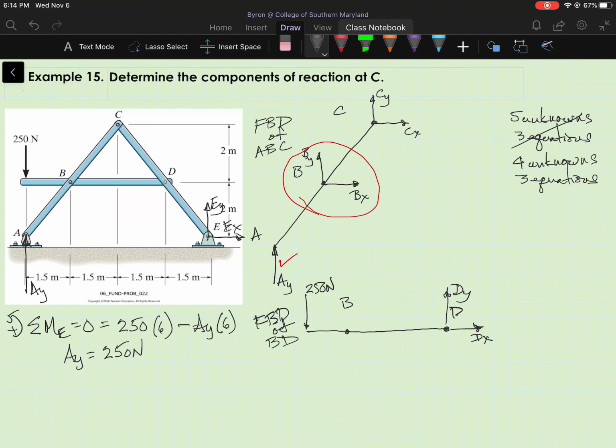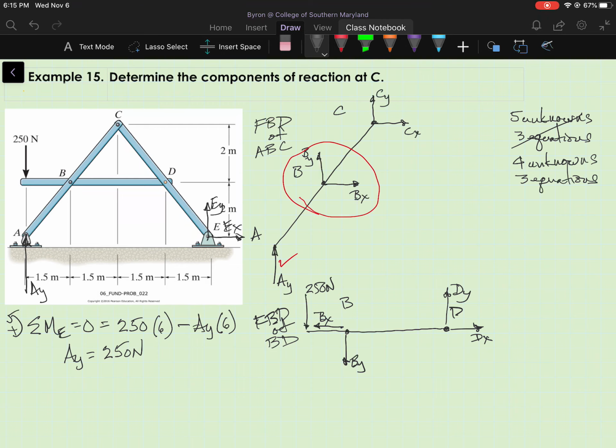So I need to show B sub y acting in this direction and B sub x acting in this direction. This is just Newton's third law, and this is how you work these frame and machine problems. But if you don't draw those in the opposite direction from what you assumed when you drew the first free body diagram, you're going to end up in trouble.